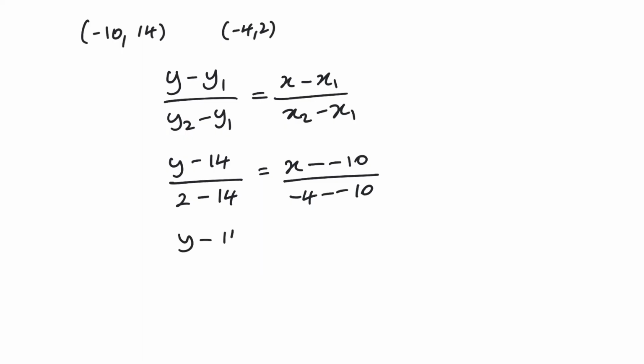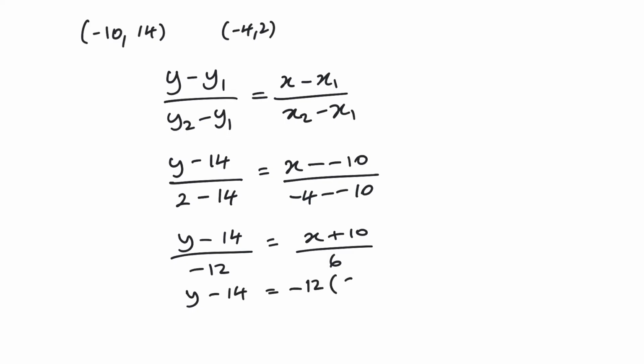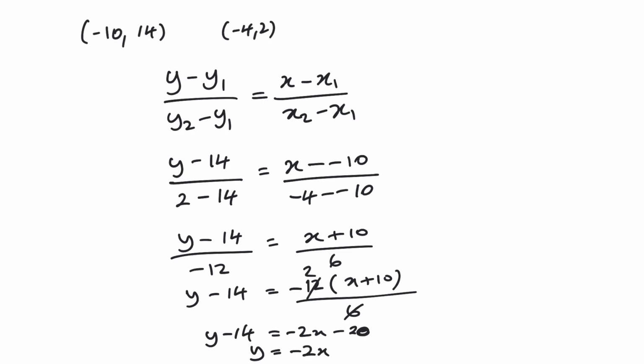So we've got y minus 14 over minus 12 equals x plus 10 over 6, and then let's multiply by the minus 12, x plus 10 over 6, we'll cancel in there. y minus 14 equals minus 2x minus 20, y equals minus 2x minus 6.